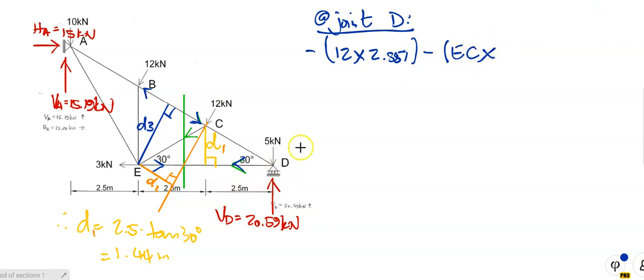Right. Now, is the length of CD the lever arm for EC? No, it can't be.